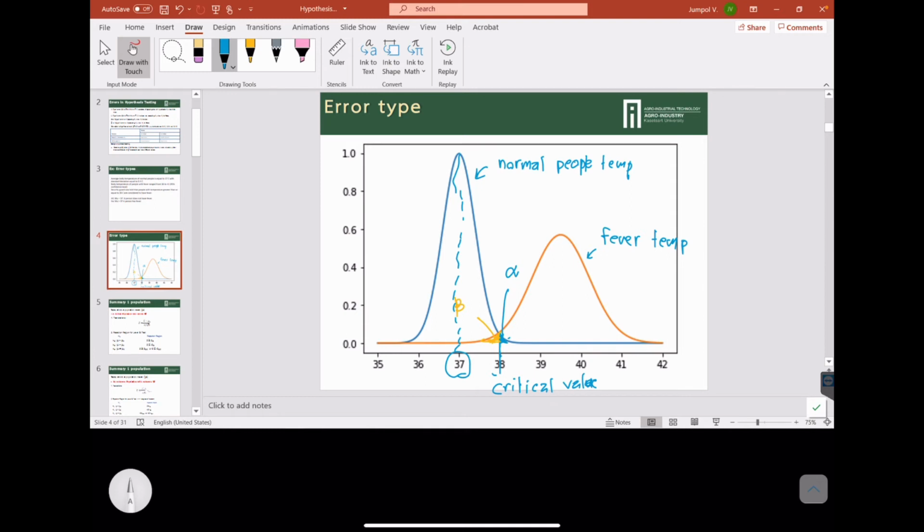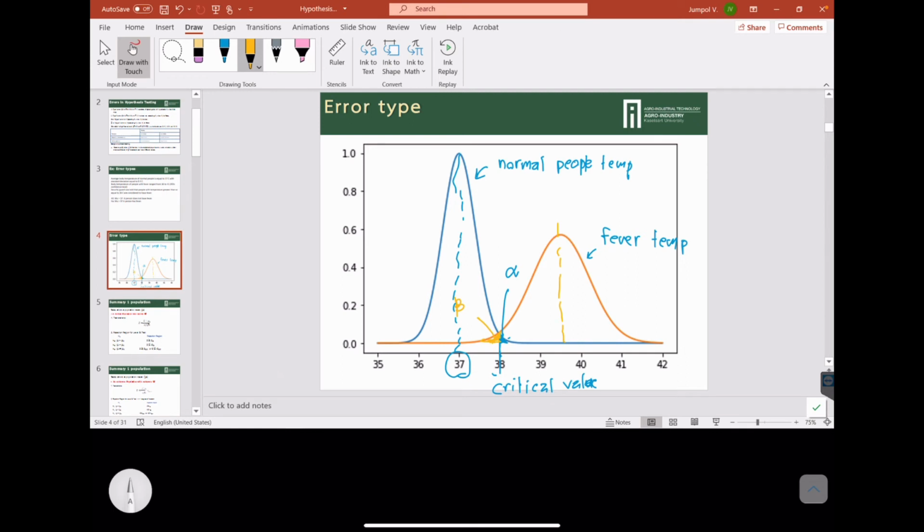And beta is what? Beta is when people who actually have fever but got accepted, but the temperature is lower than 38 degrees.